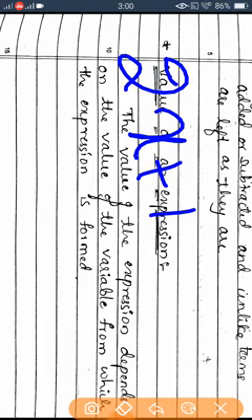We don't know the exact value of 2x plus 1. How can we find it? It depends on x only. So it depends on the variable. So that variable value is nothing but the value of the expression.